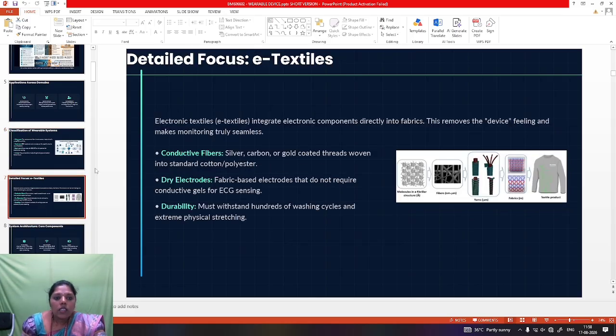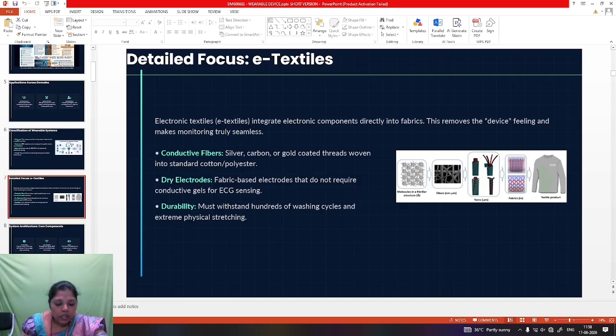Next is a detailed focus on textiles, meaning electronic textiles. Now let us look at e-textiles. They integrate electronic components directly into fabrics. This removes the device feeling and makes monitoring truly seamless.